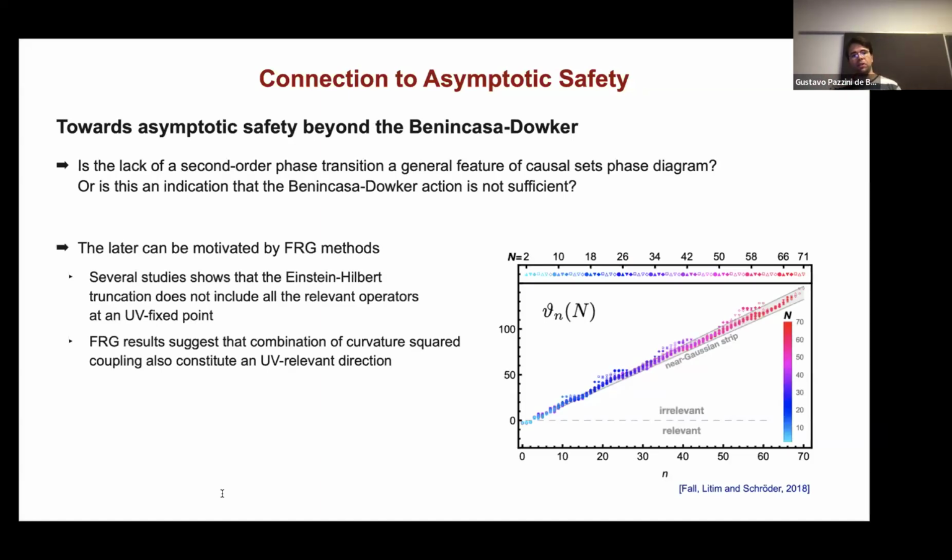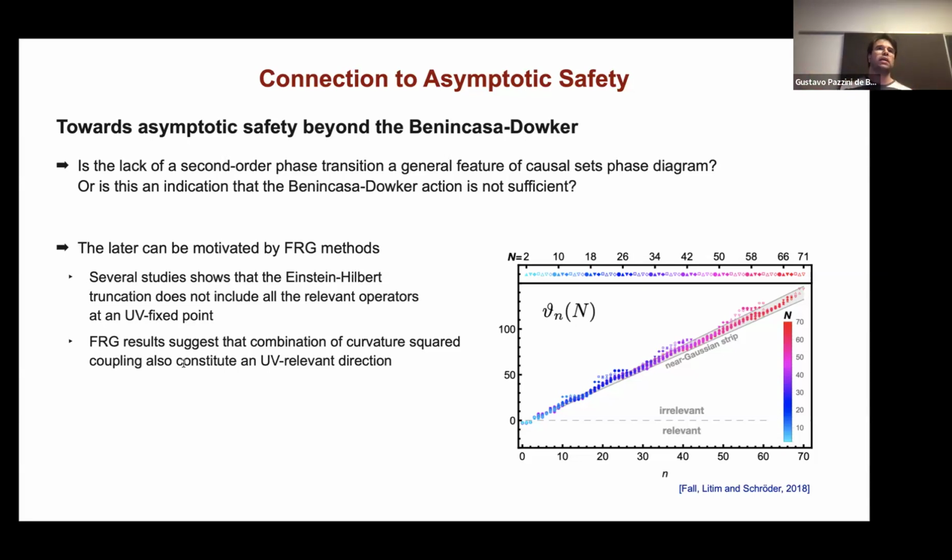Concerning the last remark, we can take some inspiration from FRG results. Here I would like to point out that there are several FRG studies that show that the Einstein-Hilbert truncation does not include all relevant operators at the ultraviolet fixed point.